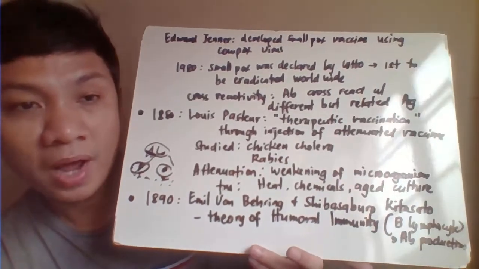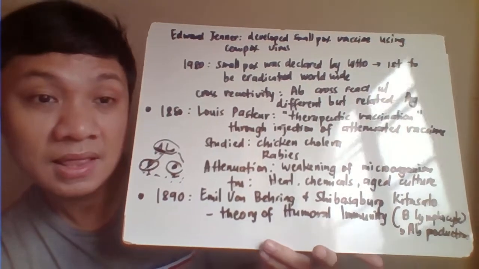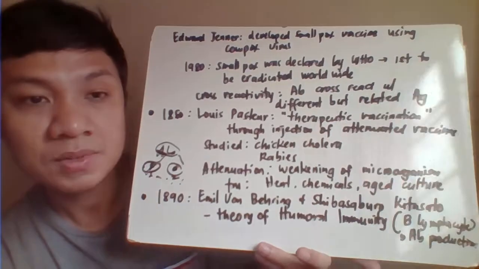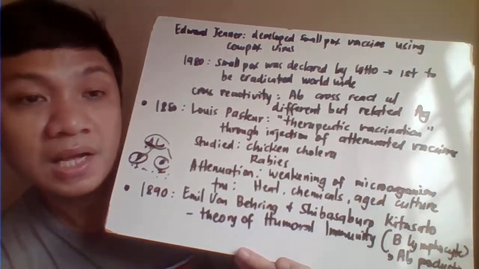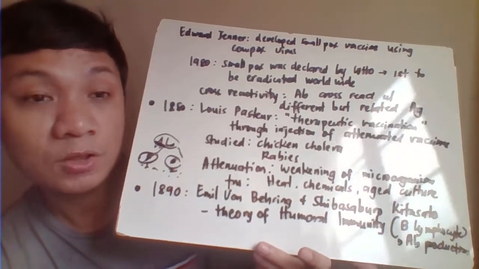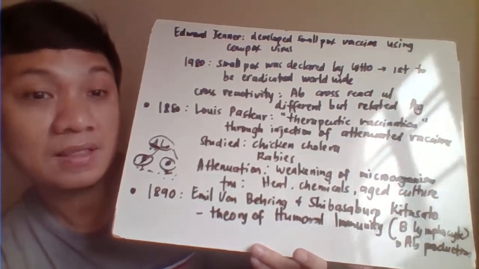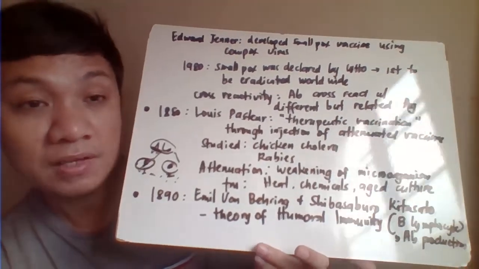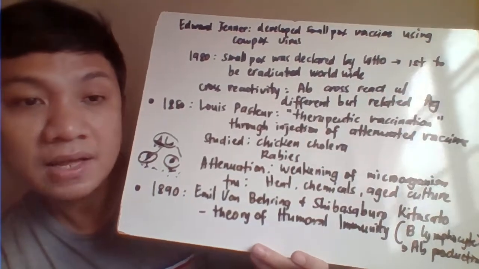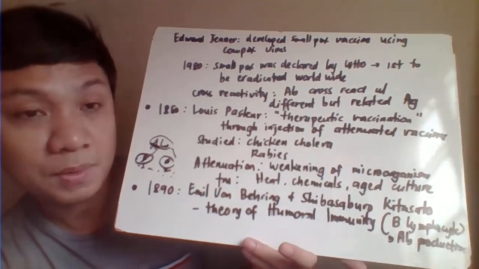If you inject that into another chicken, the chicken will not get infected. Rather, the attenuated or weakened organisms would just stimulate the immune system of that chicken, allowing it to be exposed but not get infected. As a product of exposure, the chicken develops an antibody against it. Currently, there are some vaccines we are using which are attenuated vaccines, and that's the principle.